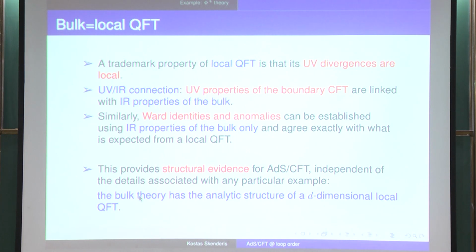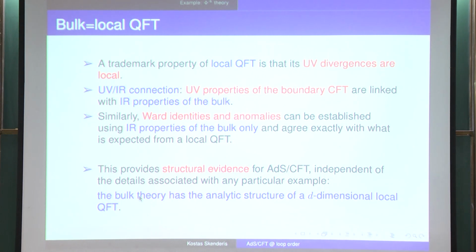So if you do quantum field theory, you can establish Ward identities and anomalies using only the UV properties of the theory. Similarly, if AdS-CFT is correct, then you should be able to establish the same Ward identities and the same anomalies by just doing a bulk computation.